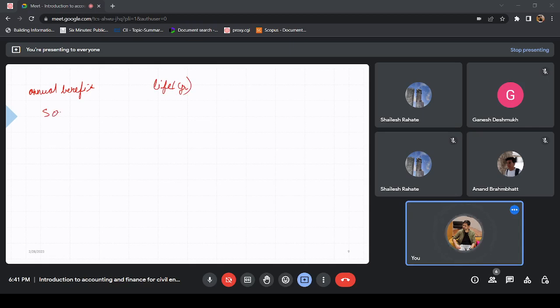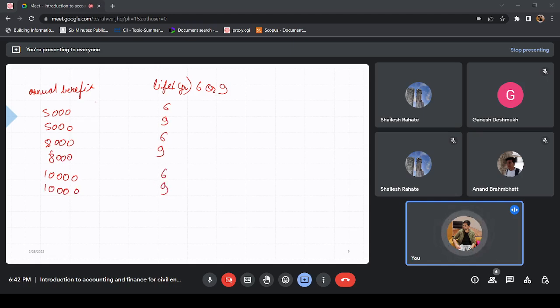This can be 5,000, 8,000, 10,000, and for each you can have life as 6 or 9, right? So what we can have is 6 different values.